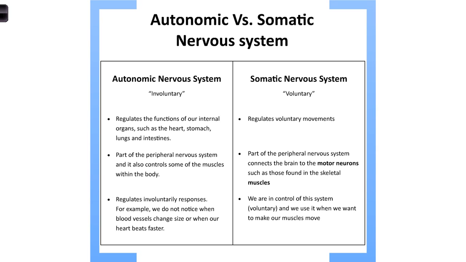There are some cases of things that sit on the boundary or have an element of both. For instance, going to the bathroom. Some of the muscles involved are under autonomic control, and some are under somatic control.